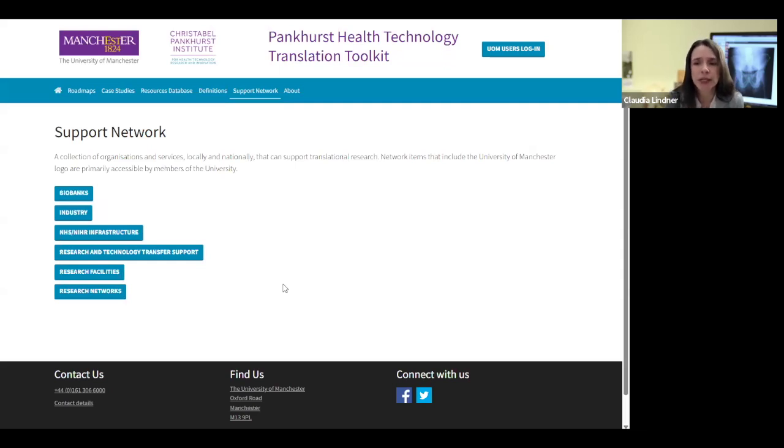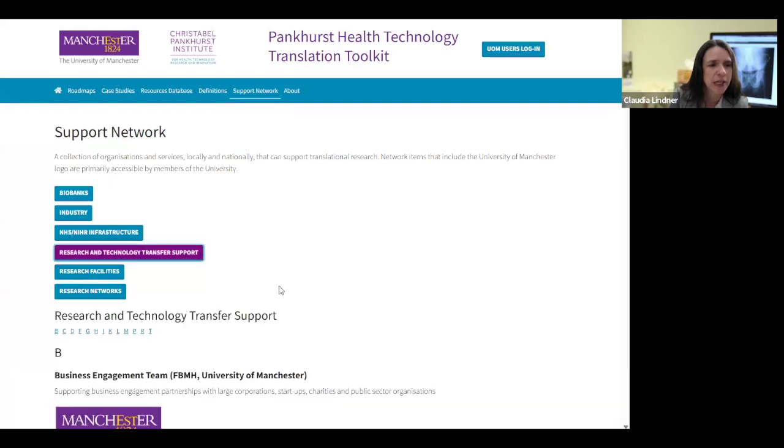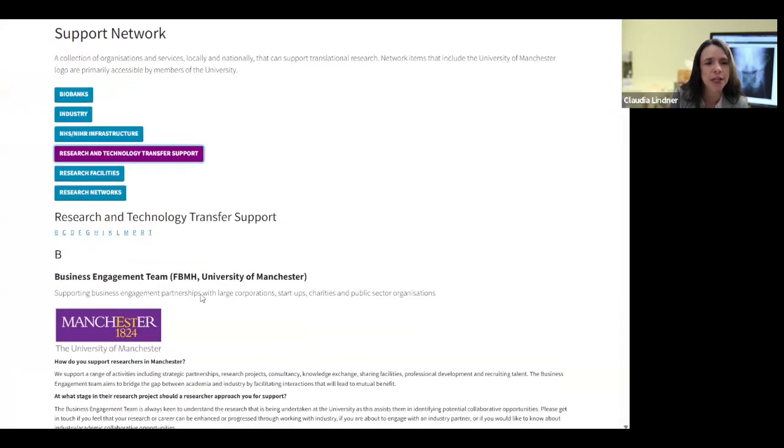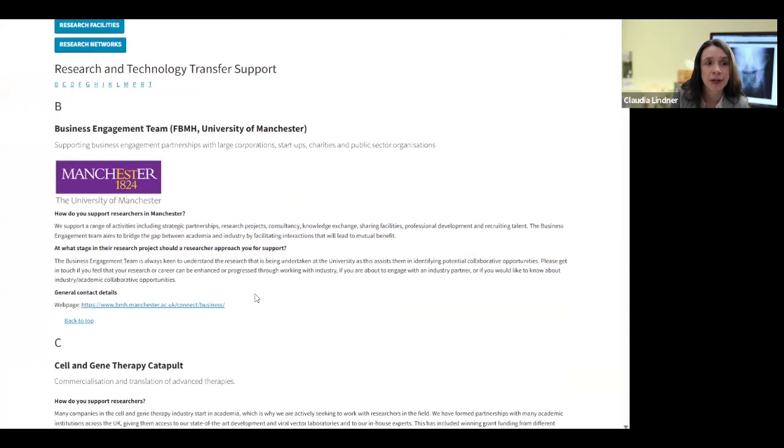The support network is where you get some information on who you might engage with, who you might want to contact to provide some additional support for a particular activity. We've structured the types of support into different categories. If you click on any of these categories, you get a list of different support stakeholder items.